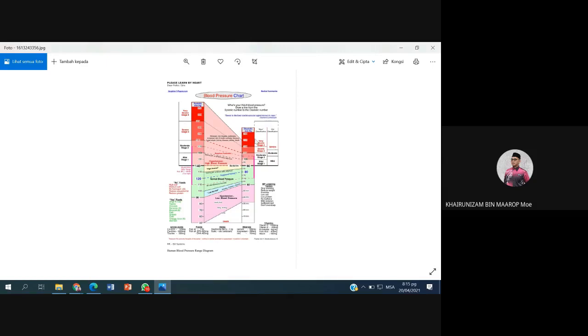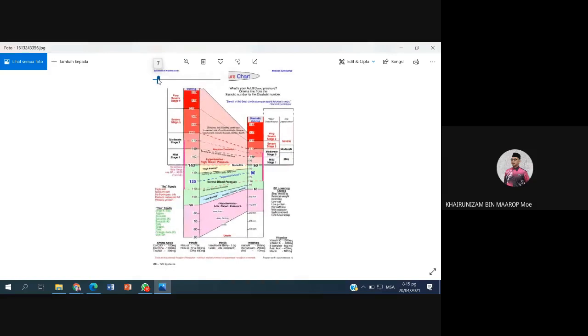Okay, here is the blood pressure chart. Kalau kamu nampak di sini. So, this is the systolic. On your left hand side is the systolic reading, and your right hand side is the diastolic reading.